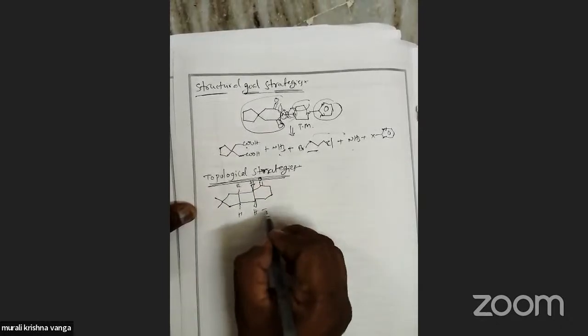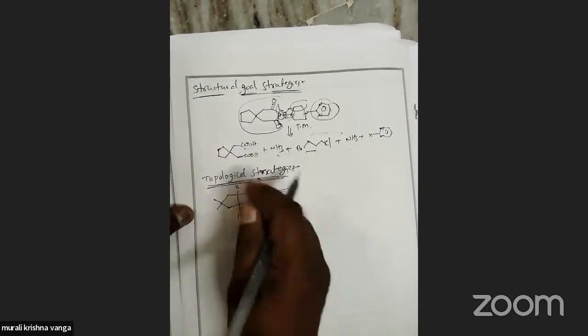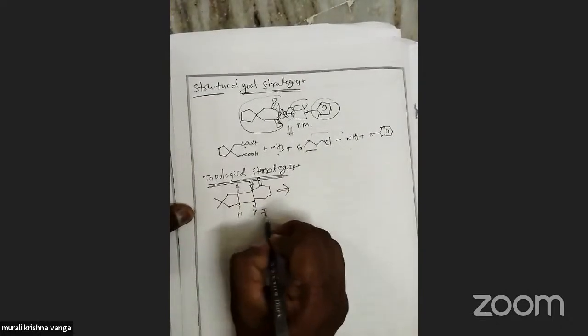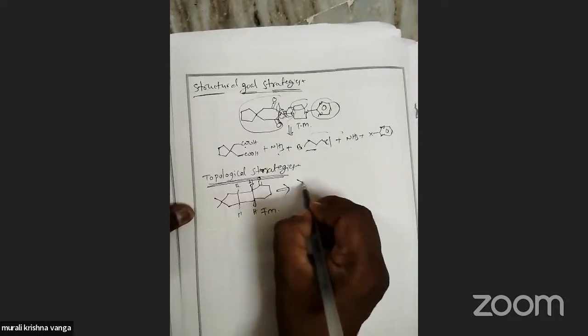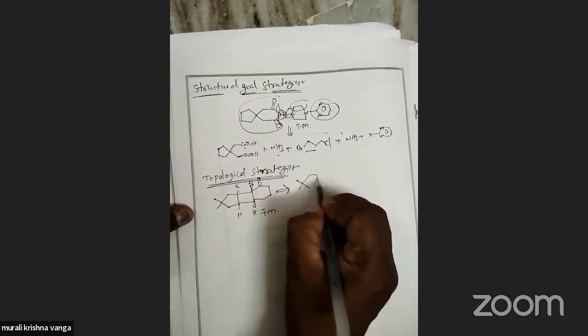This is a target complex molecule, because all the cyclic moieties are there, a very complex molecule. This complex molecule is taken as the target molecule. Therefore, disconnection takes place. We are choosing in the laboratory.